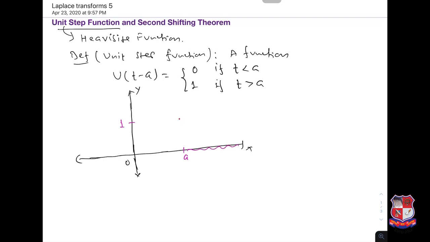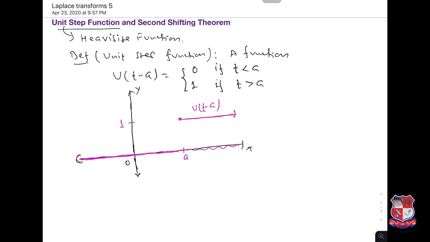So here it is like this. So this is the value of u of t minus a when t is greater than a, and when t is less than a, then the value is 0. So it is like this. So when t is less than a, the value is 0. So this is called the unit step function. Okay.